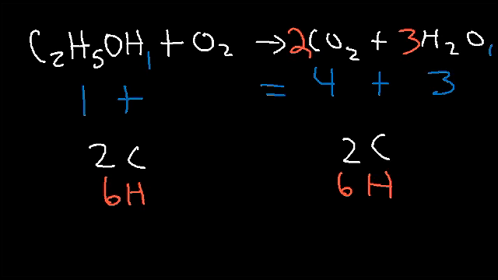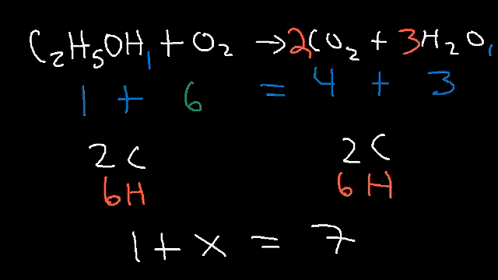So we need a total of 7 oxygen atoms on both sides. So what number goes here? Let's call it x. So 1 plus x equals 4 plus 3. 4 plus 3 is 7. 1 plus what number is 7? That missing number is 6. 7 minus 1 is 6.